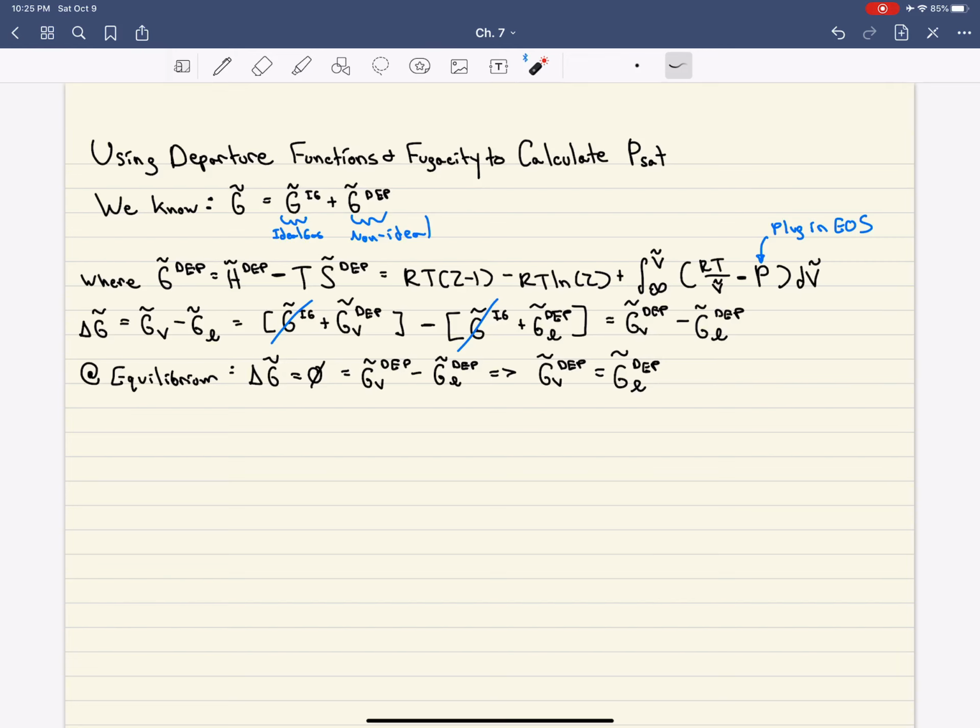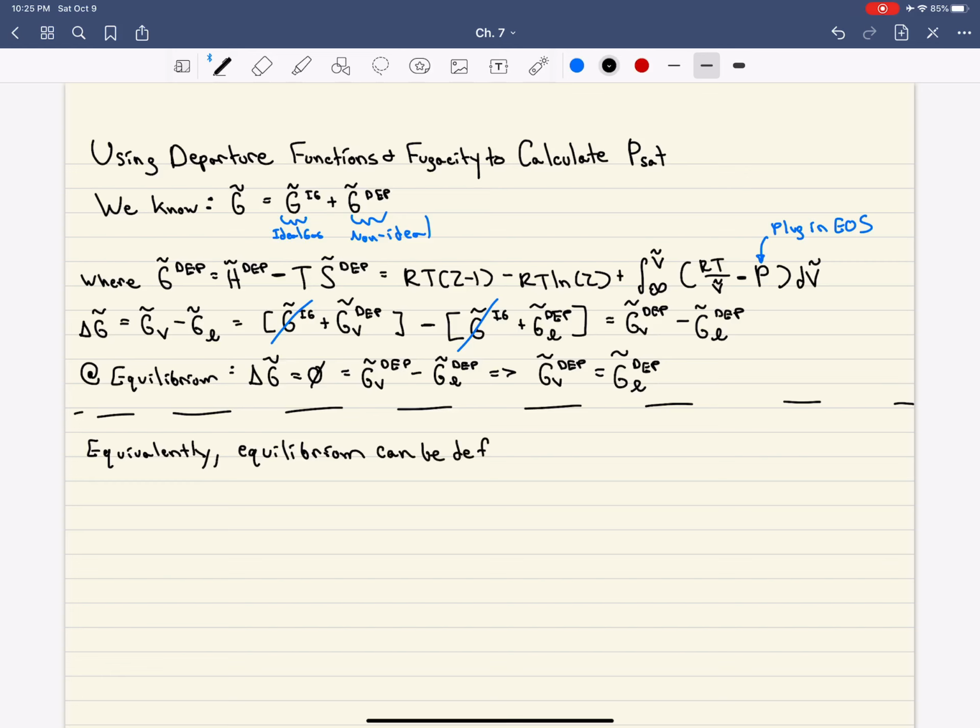But there's actually another approach that uses the departure functions that people follow. Instead of just looking at the departure functions themselves and setting them equal to each other, what people do is they calculate something known as fugacity. Equivalently, equilibrium can be defined in terms of fugacity.